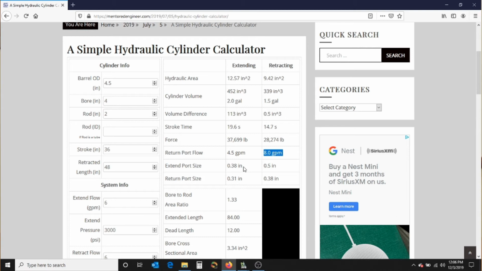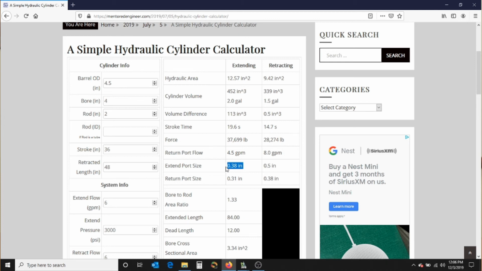That's pretty cool. All right, so then we want to find out what size port we should have on this cylinder. And this is based on a 20 feet per second orifice, basically, that we're trying to get oil through at 20 feet per second. All right, so our extend port here needs to be 3/8 of an inch.